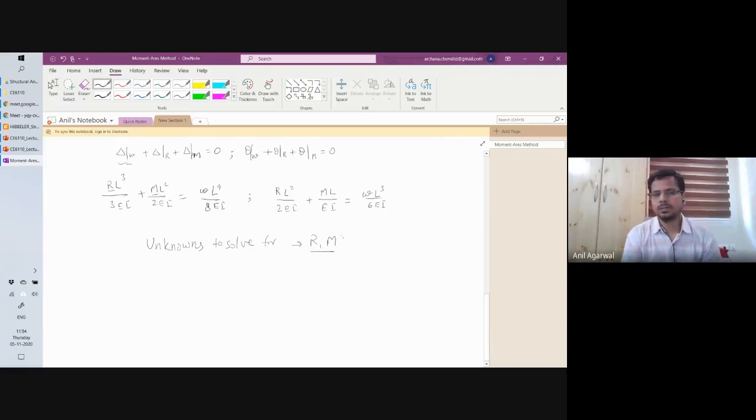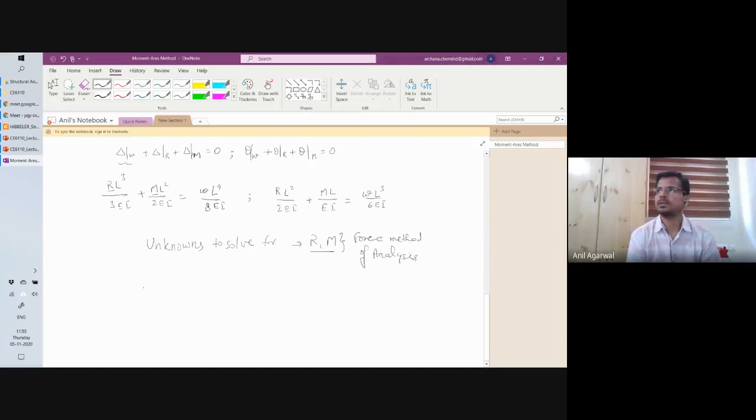And because of this, you call it the force method of analysis. In addition to flexibility method of analysis, force method of analysis. Why do we call it the flexibility method of analysis? We have to just wait. So we got two equations. We need to solve for R and M. Two equations, two unknowns. We can solve it right now.